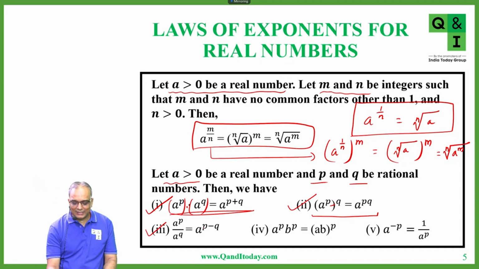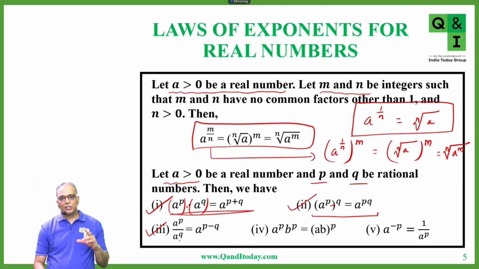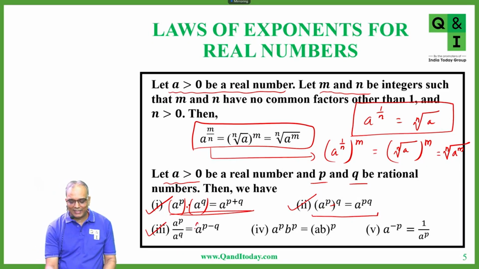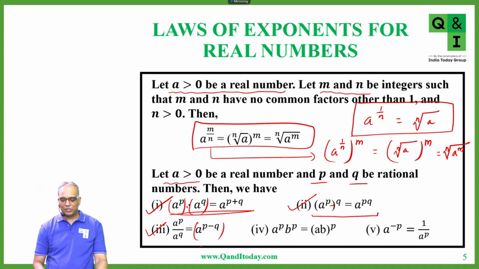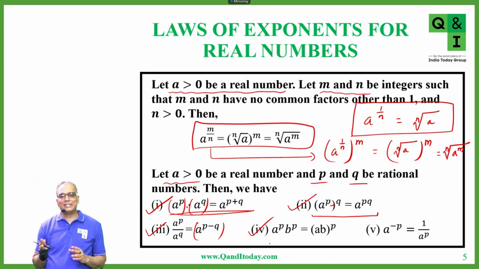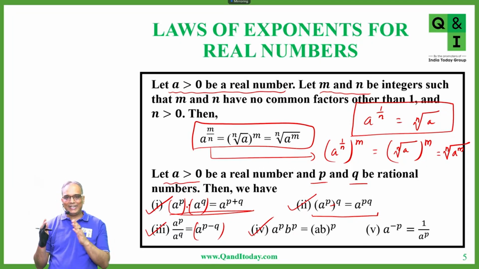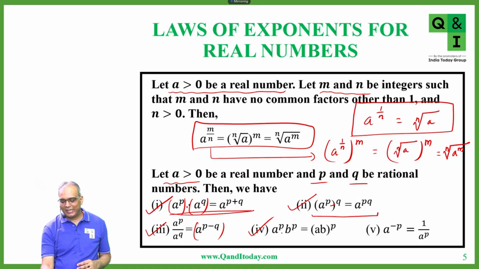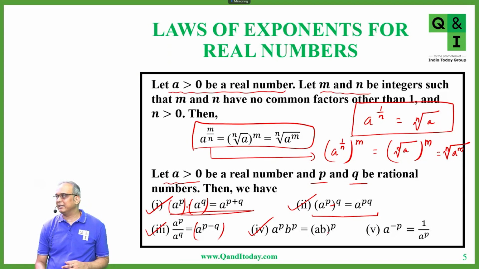Similarly, in the third case, when you divide two exponents having the same base, you subtract the exponents: a to the power p minus q. And in the fourth one, if the exponent is the same and the bases are different, you can take the exponent common outside the bracket. So a to the power p into b to the power p is ab raised to the power p.